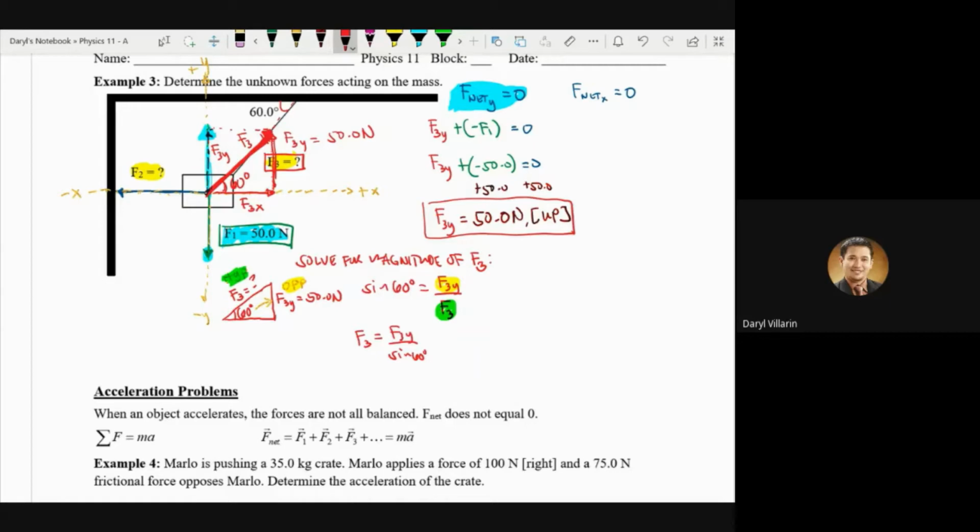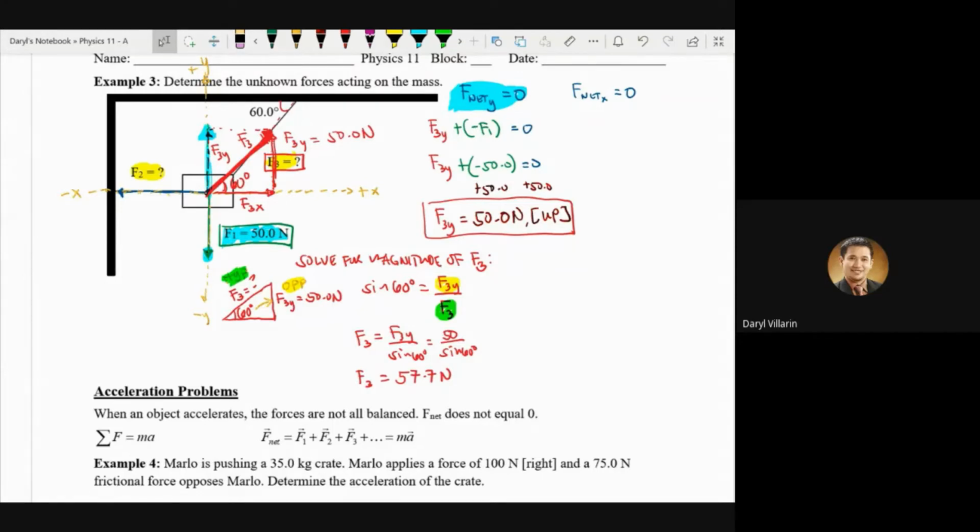So the magnitude of F3 is equal to 50 newtons divided by sine of 60 degrees. And the magnitude of F3 would be equal to, let's see, 57.7 newtons. That's the magnitude.